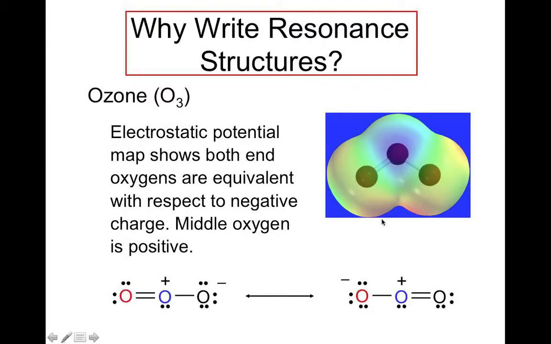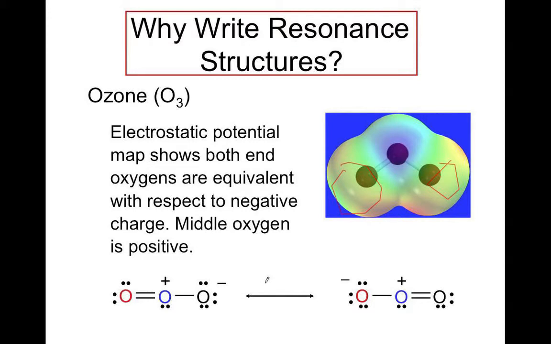When we look at an electrostatic potential map, we can see that the resonance distribution of electrons explains the fact that both bonds are observed to have the same bond length. The electrons are equally distributed across the terminal oxygens, as indicated by the similarity in color in the electrostatic potential map. To communicate this, we draw 2 resonance contributors to show the equal distribution.